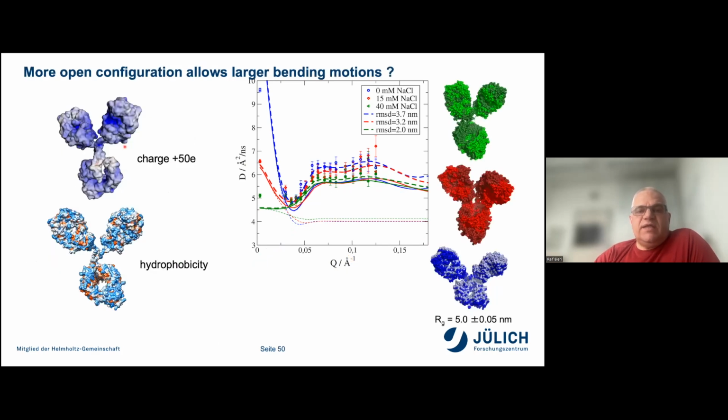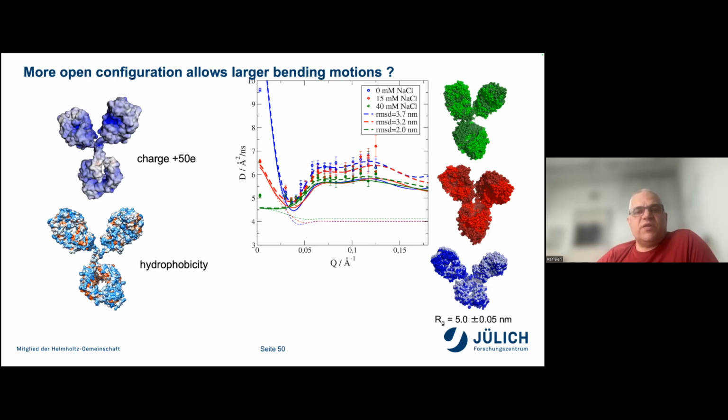Now, how is this correlated to the structure? If you look at charge and hydrophobicity, you find no significant changes here. But what we find is that this open structure has the strongest contribution also to the dynamics. This might be because if you have a more open configuration, then larger amplitudes are possible.